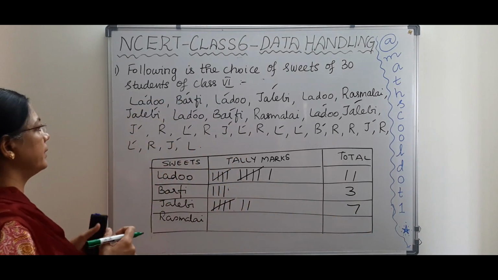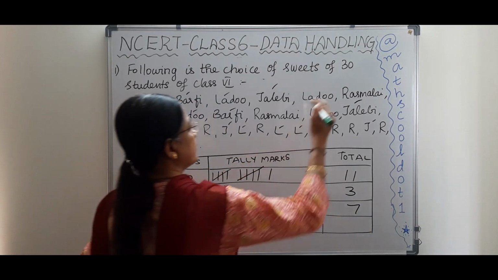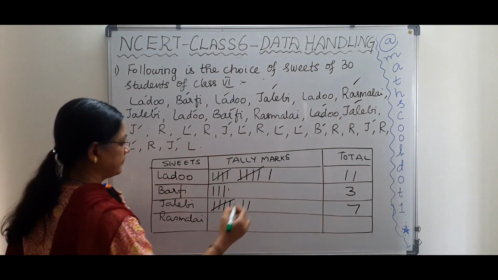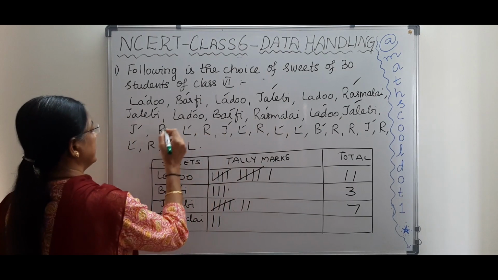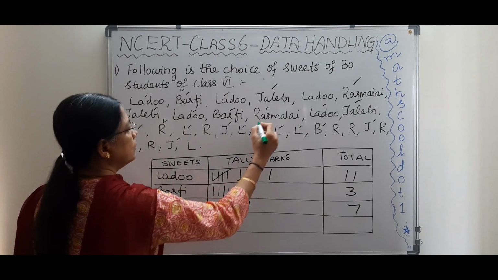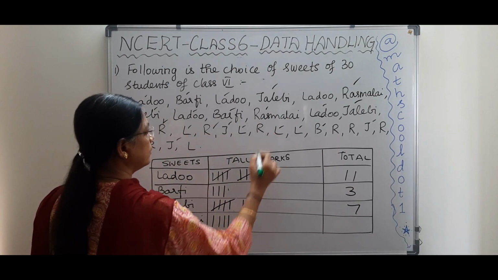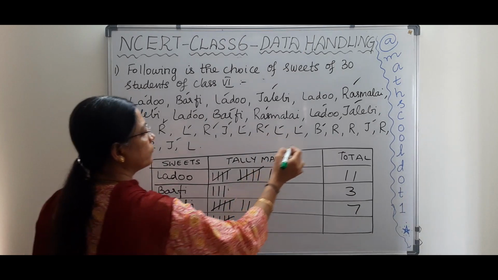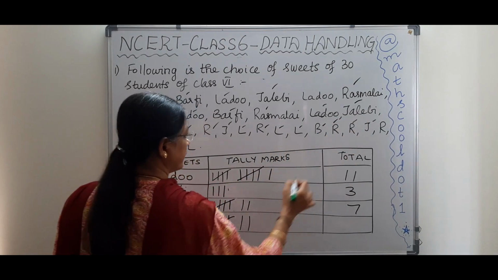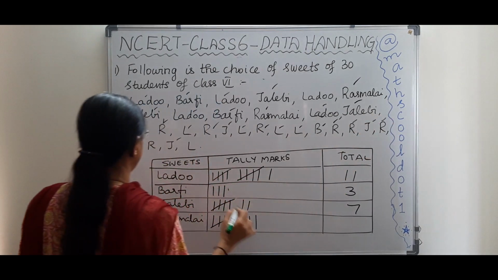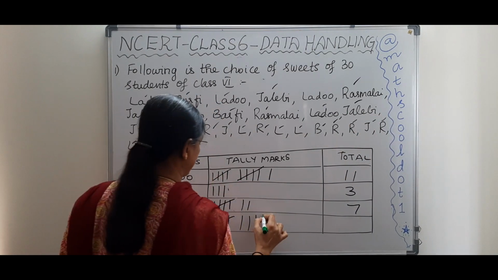Now, the left out is rasmalai. We'll start counting it. 1, 2, 3, 4, 5, 6, 7, 8, 9.